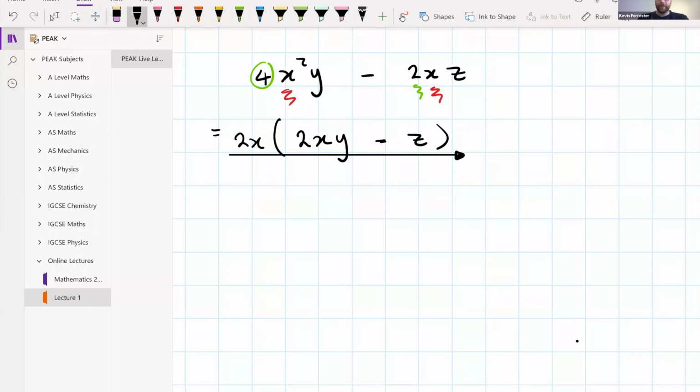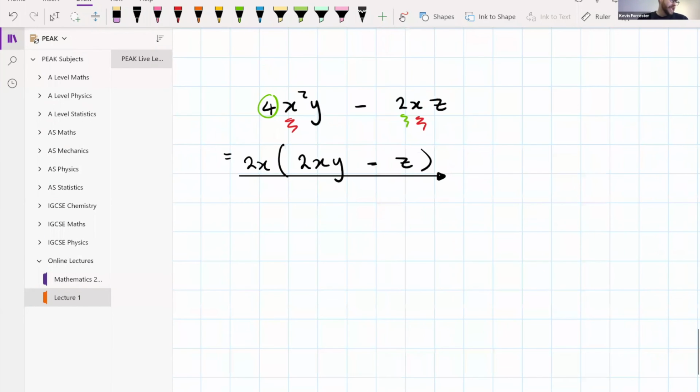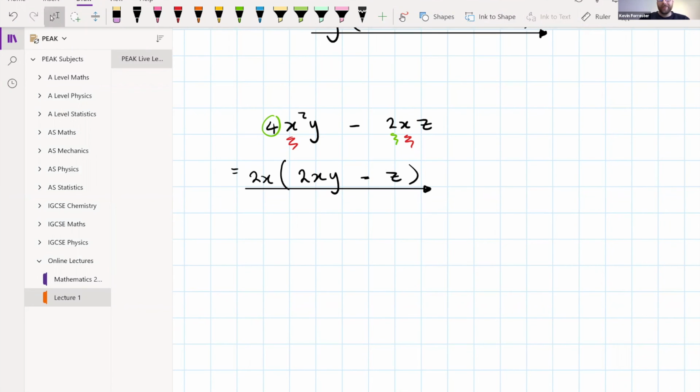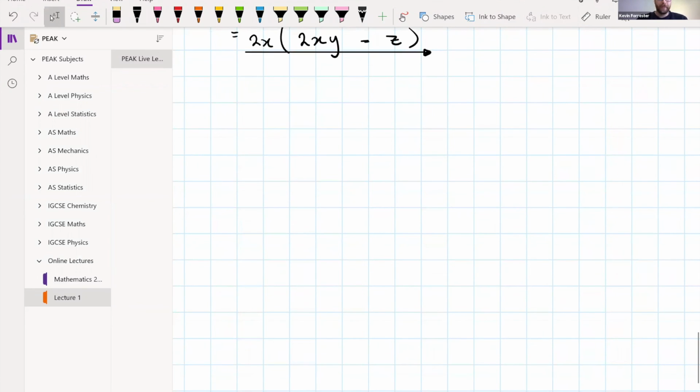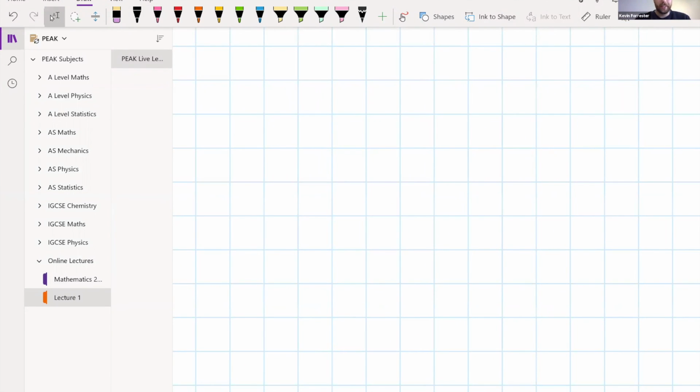Cool. I was hoping for some difference of 2 squares questions. So maybe let me find one and hopefully you guys will present me with 1 or 2 as well. So let's take a look at this. Okay, so here we have a supposed difference of 2 squares question. This is quite a hectic question because now we've got x to the 4s.